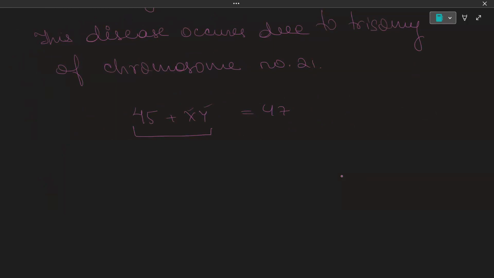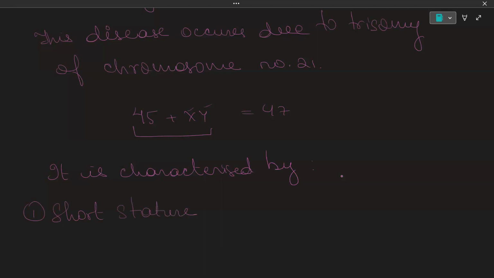Now let us see the various ways by which you can characterize a person with Down syndrome. What are the visible phenotypic expressions that tell us this person has Down syndrome? It is characterized by short stature, a short-heighted person.